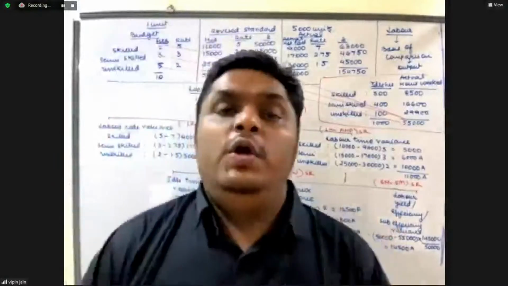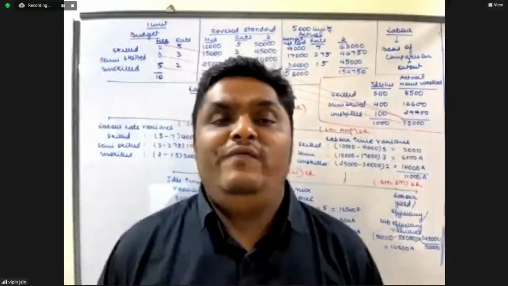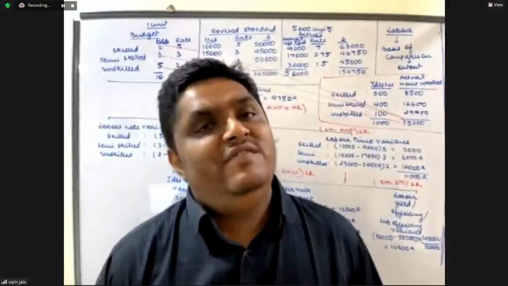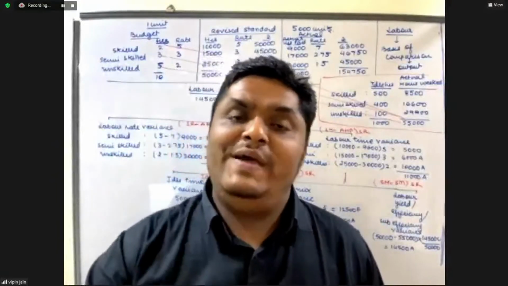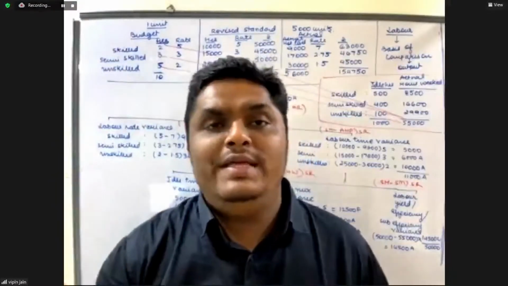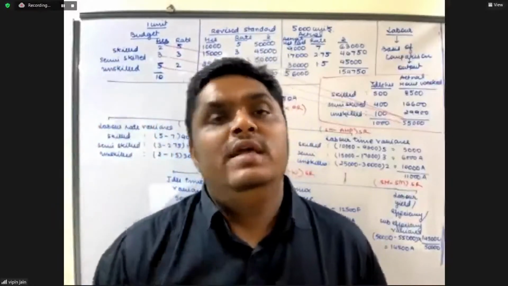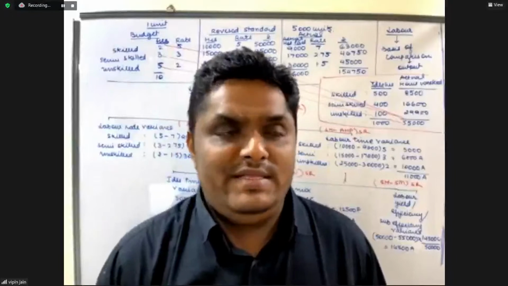So if no information is given in the question as regards idle hours, then you have to apply the same concept as what we have discussed in material. That is why I've discussed 4 to 5 questions in case of material variances. Once you are thorough with the concept of material variance, you can easily calculate labor variances.